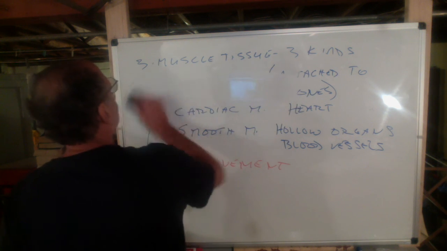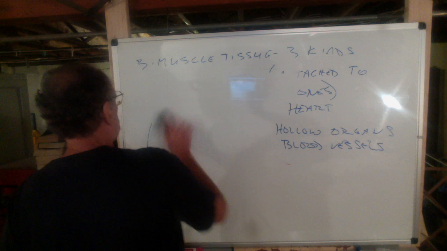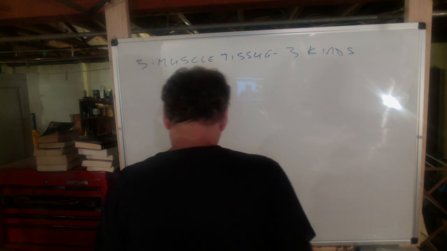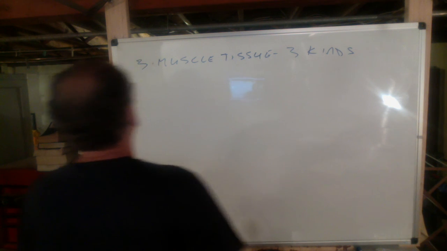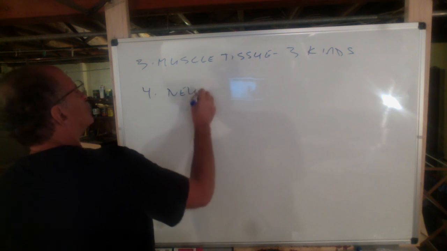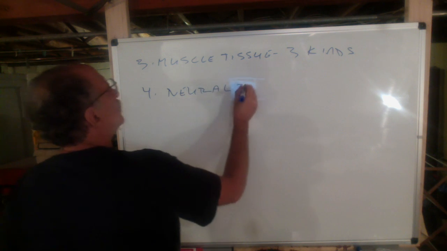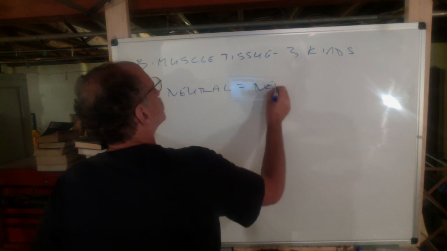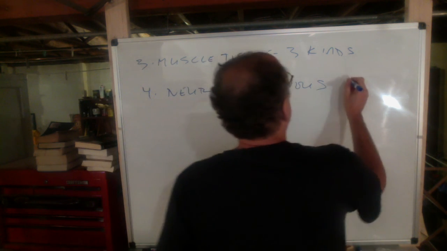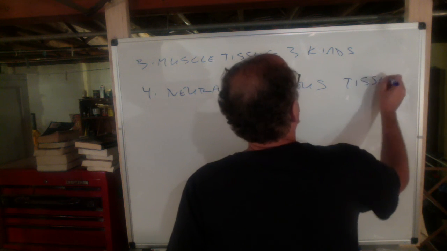What's the 4th out of 4 types or 4 categories of tissue? Anybody know? We had epithelial, we had connective, we had muscle tissue. 4 is neural tissue, which could also be called nervous tissue. Same thing, neural, nervous.